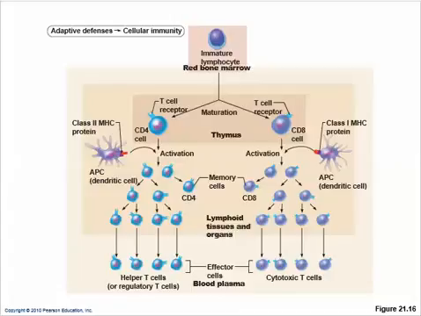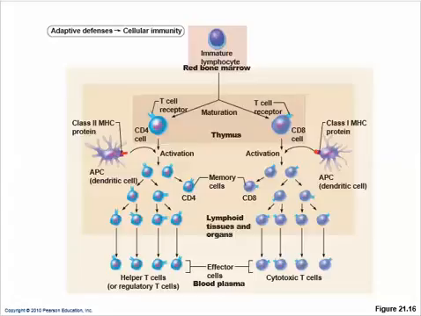Then they leave the thymus and migrate out into lymph nodes or spleens or any lymphatic tissue, where they sit and wait, being exposed to antigens. Now, they can't be exposed to antigens on their own. They have to be processed to major histocompatibility complexes, so they need processed antigens to become activated.